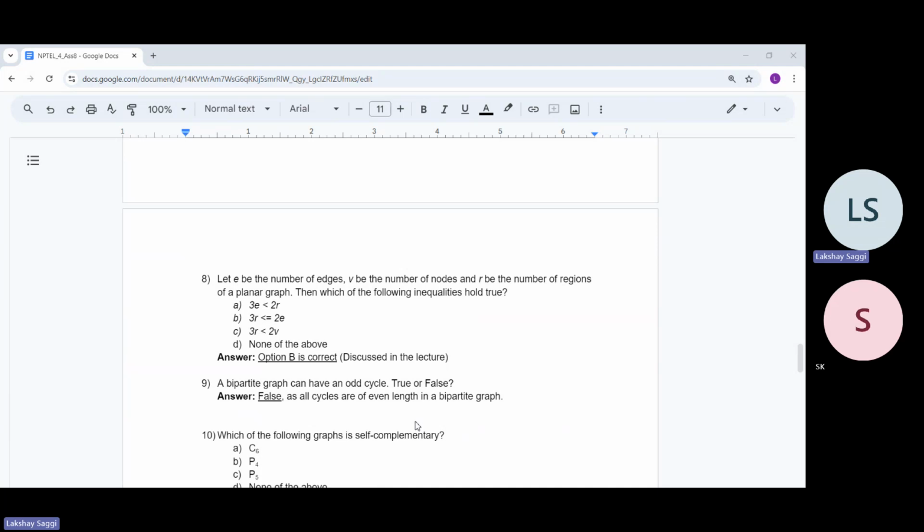We still have something like 10 minutes left. SK is asking, are these questions from previous year assignments? It's a mix and match. Some of the questions can be from previous year assignments, and if I find some other questions which I find very cool, then usually I add them to this list of questions.